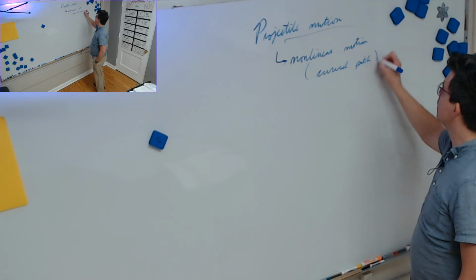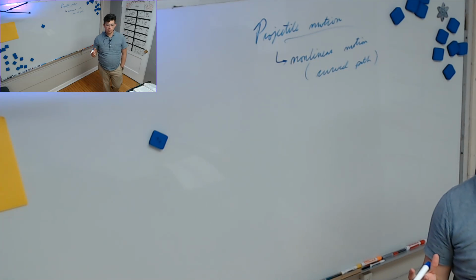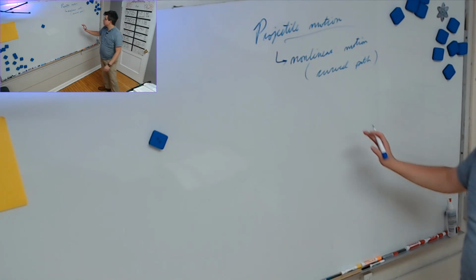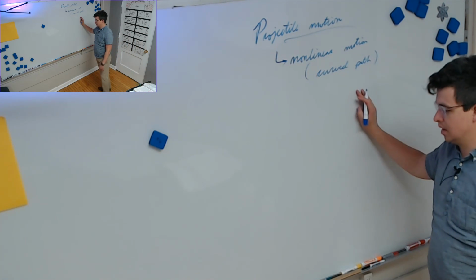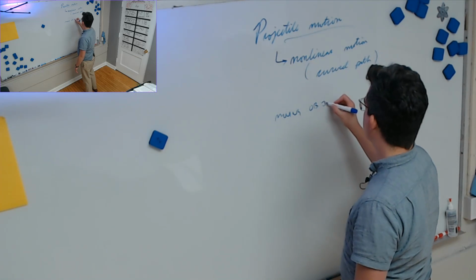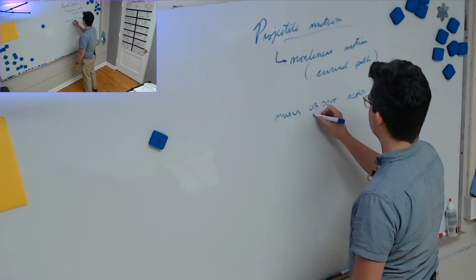We will talk later in the year about circular motion, which is motion in a curved path also, but in that case we'll talk about a more fundamental centripetal force, which is kind of like a category the forces can be in, as opposed to a specific projectile motion, which we usually think about as a moving object acted on by gravity.